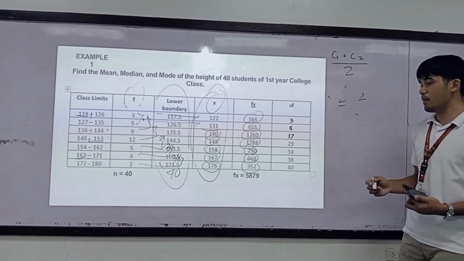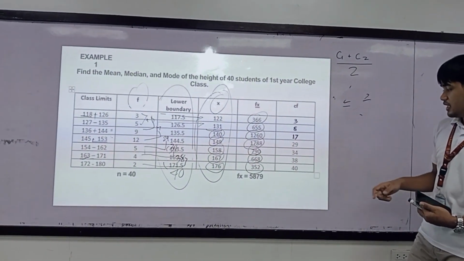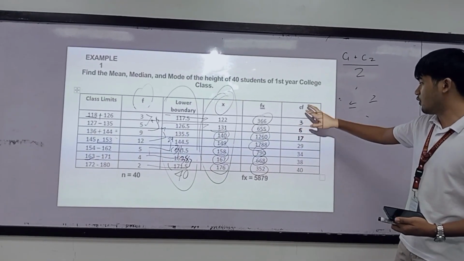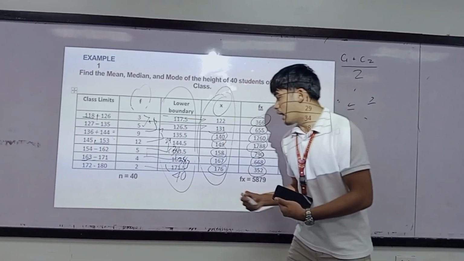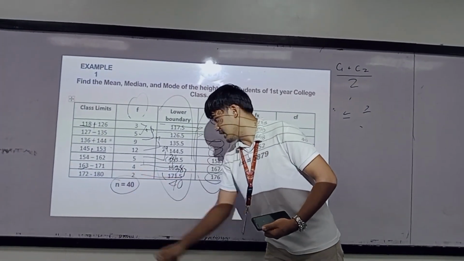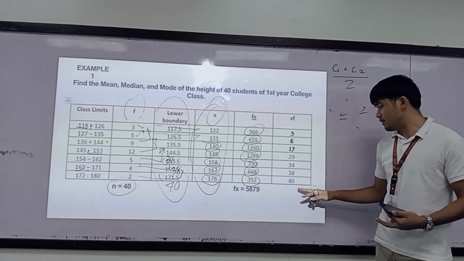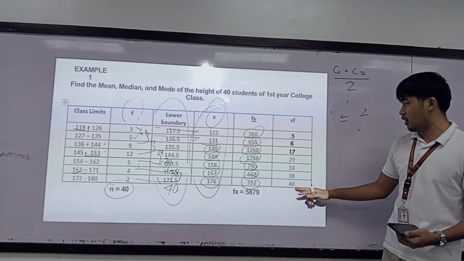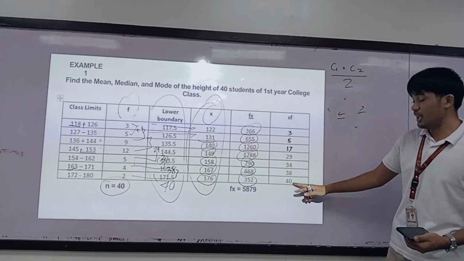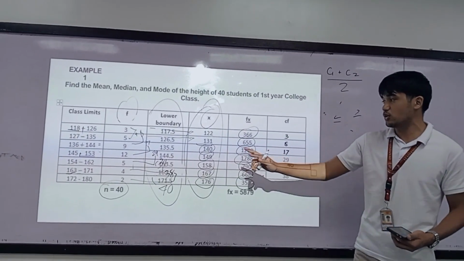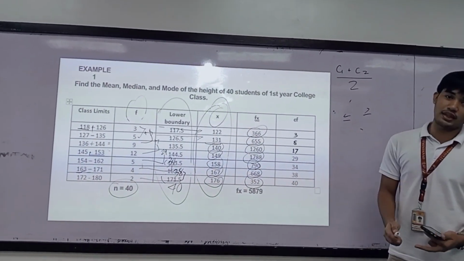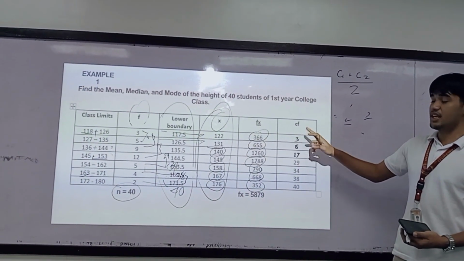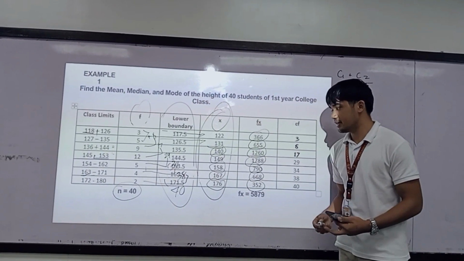And you should always remember that the last digit or the last data of your cumulative frequency must be equal to the total frequency. If you have the equal data of your last digit in the cumulative frequency and the total number of frequency, then you can assure that your cumulative frequency is correct. Okay.